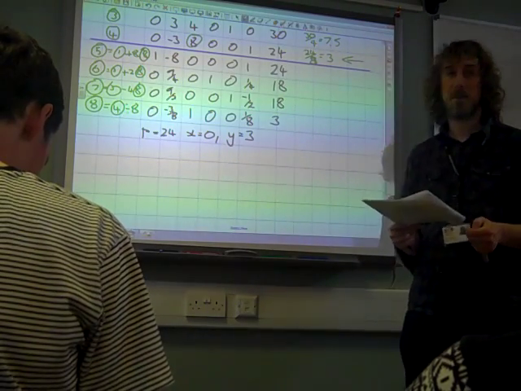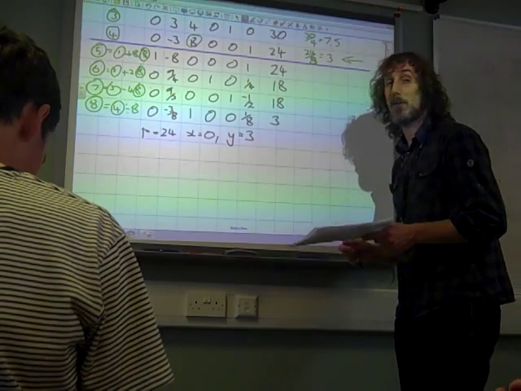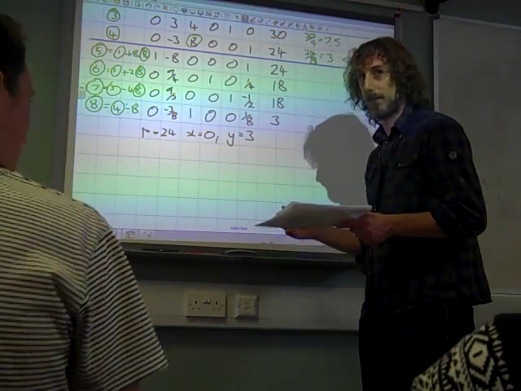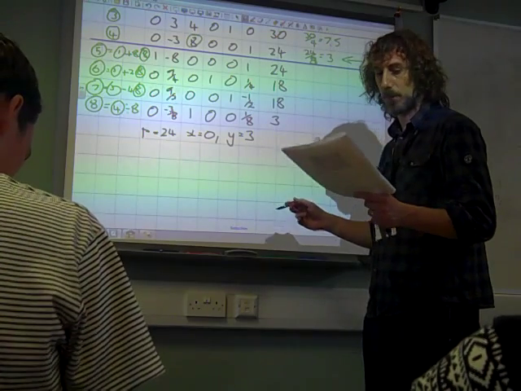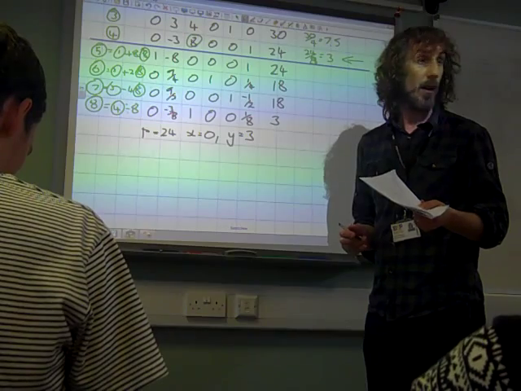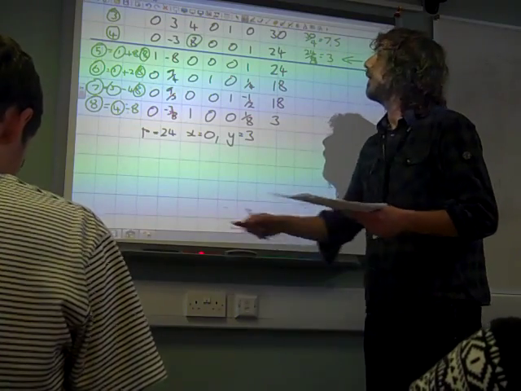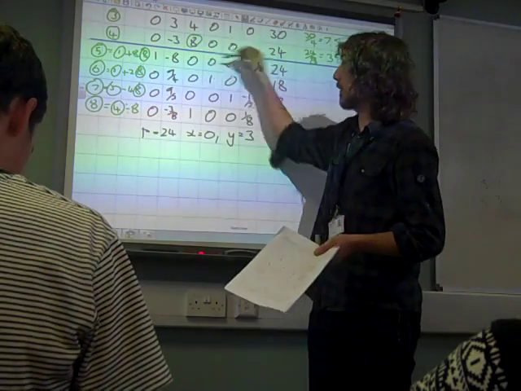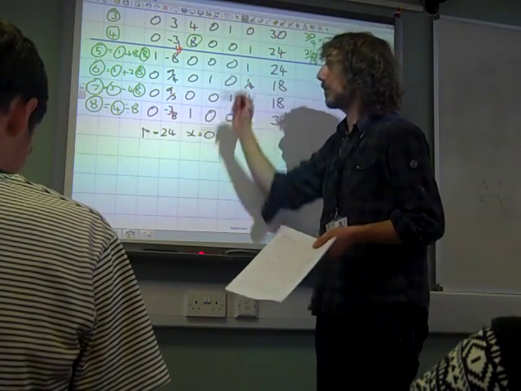Then we have to do another simplex iteration. We haven't got a choice of pivot. We have to pivot on the most negative value in the top row.